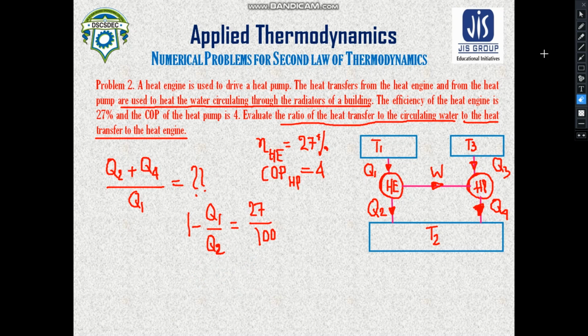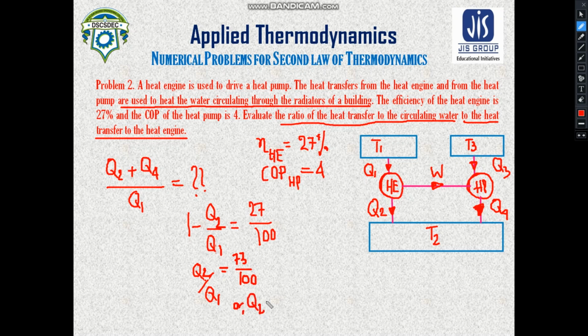So from this equation, it is well known that, I'm very sorry that I have written a wrong formula here, it will be Q2 minus Q1, because I am once again repeating the formula, it is always heat rejected by heat taken. So Q2 by Q1 becomes 73 by 100.